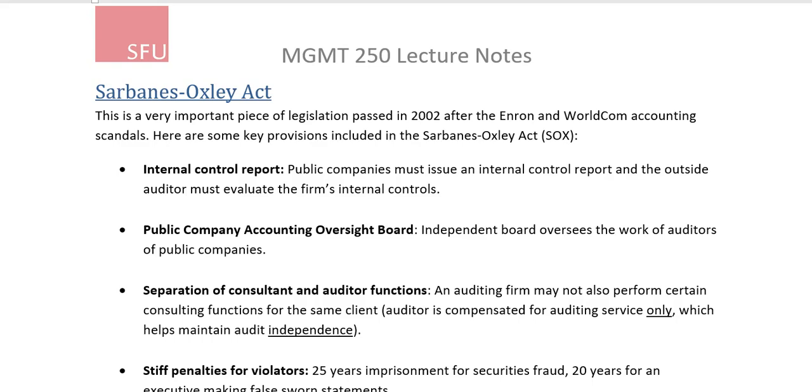Before we do that, I'd like to talk a little bit about what happened back in 2001 and 2002. These two firms, they were actually giants, were found to have misled investors because their financial statements weren't reflecting the actual state of the organizations. So there were many people at fault, including the senior management of these companies.